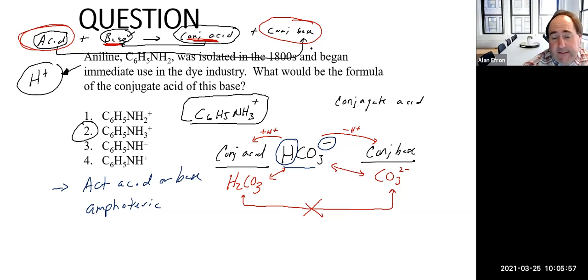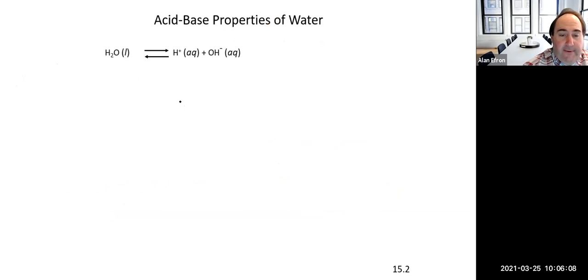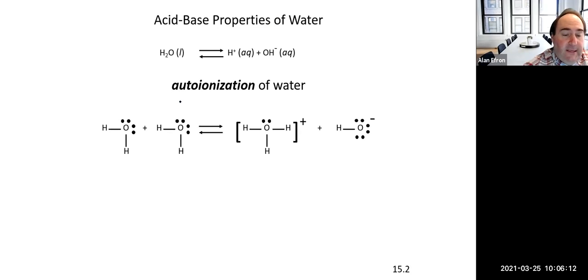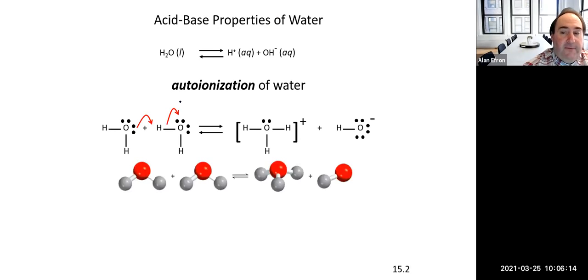Speaking of things that can act as an acid or base, water is one of those things. Water has the ability to act as an acid or a base. That brings up an interesting property of water, which is sometimes referred to as the autoionization of water.